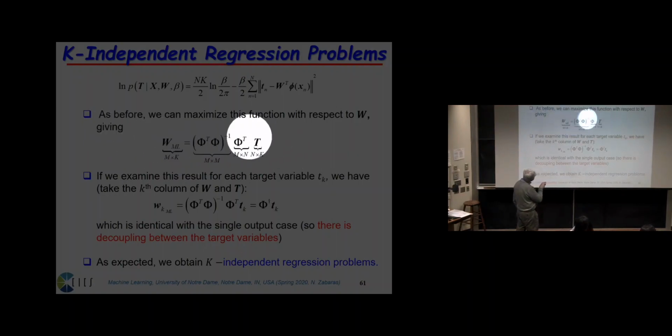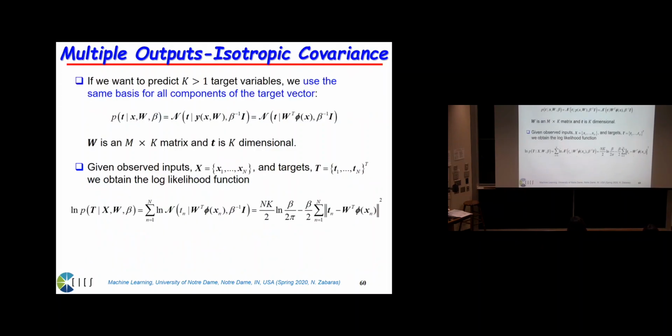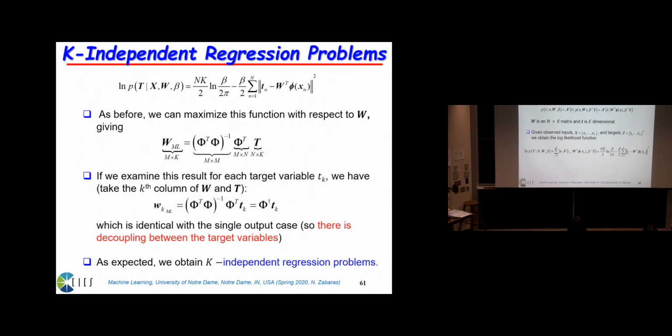Apart from that, this equation looks identical to least squares, and it is least squares. And I can tell you, there's some discussion on the slide. Actually, doing the formulation that I highlighted here is literally the same as doing k independent scalar regression problems.